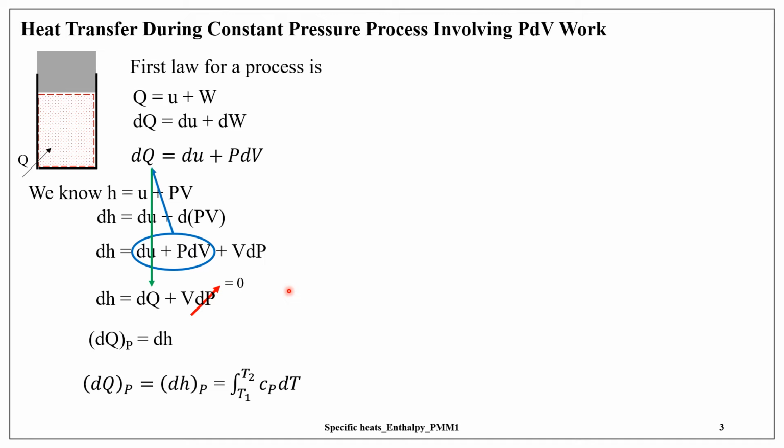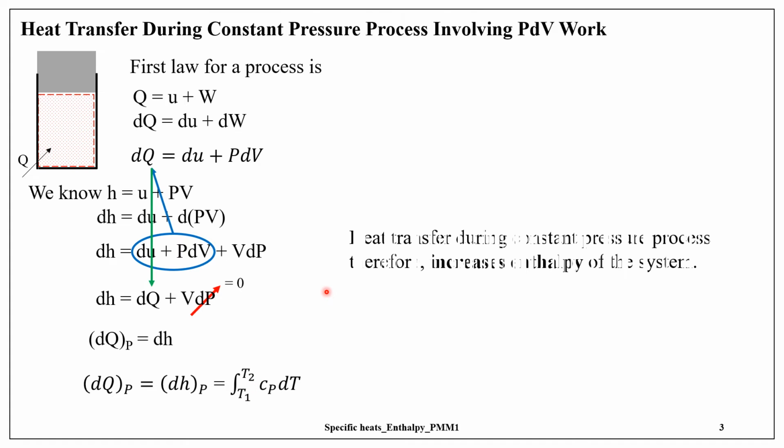Or in other words, dq at constant pressure is equal to dh under constant pressure, which is equal to the integral of Cp dT, and the limits of integration are T1 and T2.